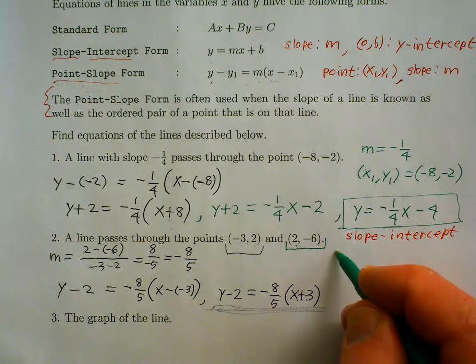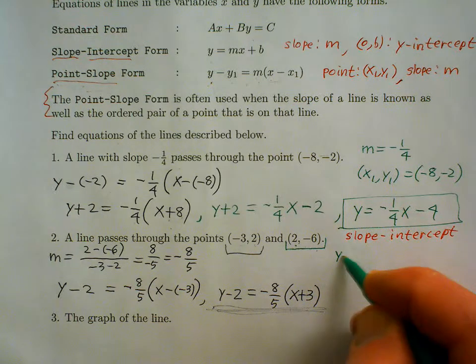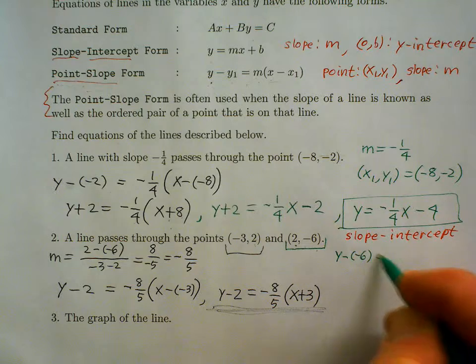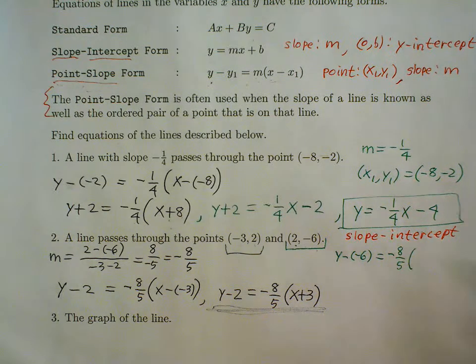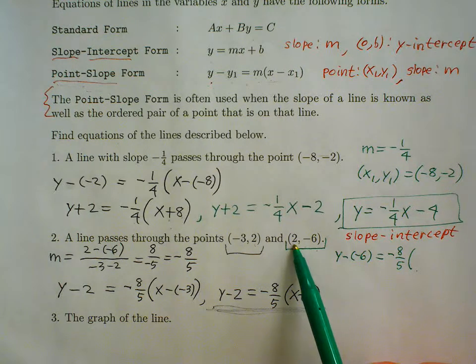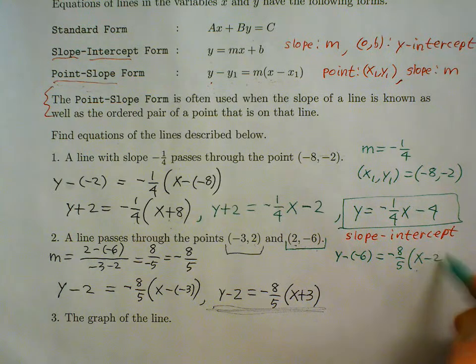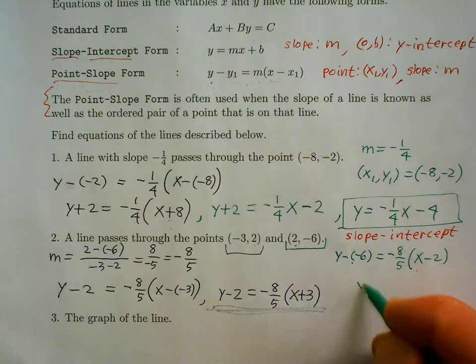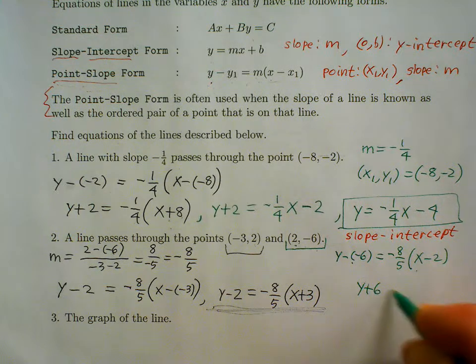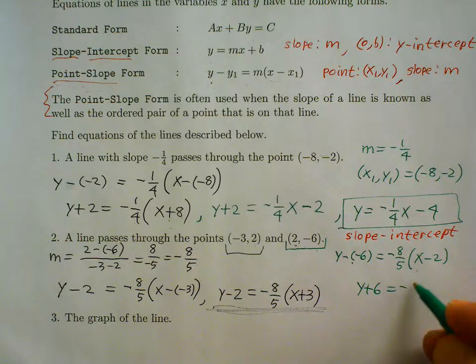So y minus y1 is y minus -6 equals the slope -8/5 times the quantity, which is in parentheses, x minus 2. And then do a little bit more arithmetic here. y minus -6 is y plus 6. And that's equal to -8/5 times x minus 2.